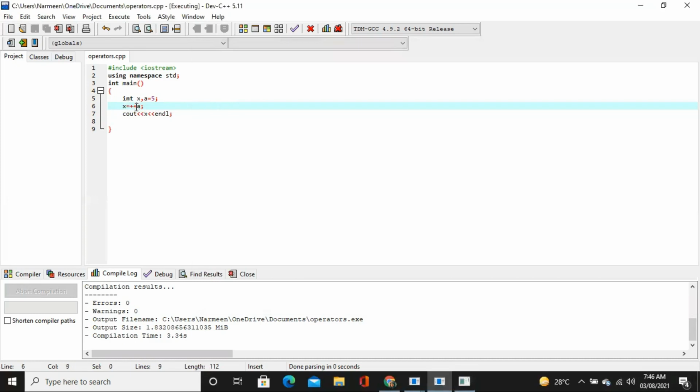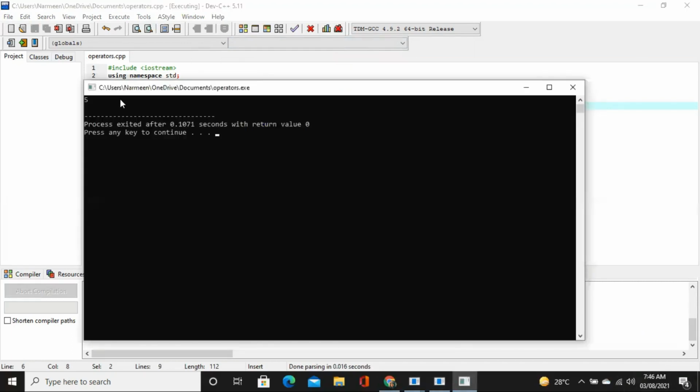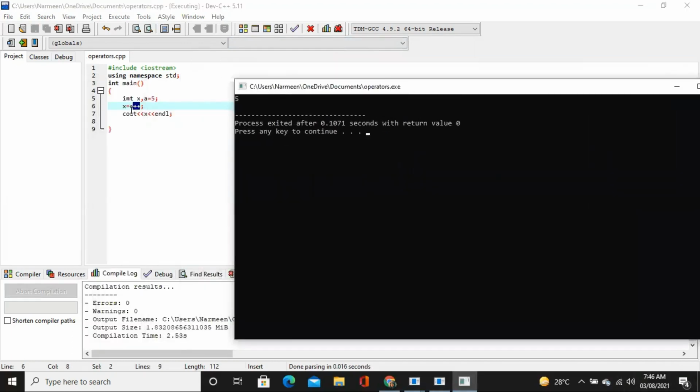If we were talking about a post-increment operator, and we did x equals a++, this whole expression would run first, and then because the increment operator is coming after the operand, instead of x getting 6 in it, it would get 5, even though the integer a has been incremented.